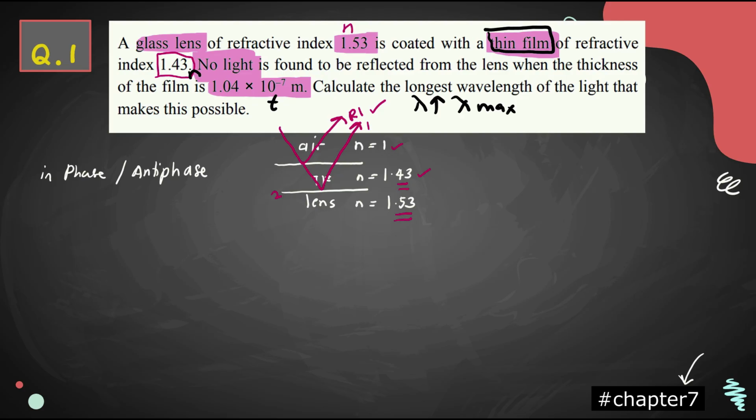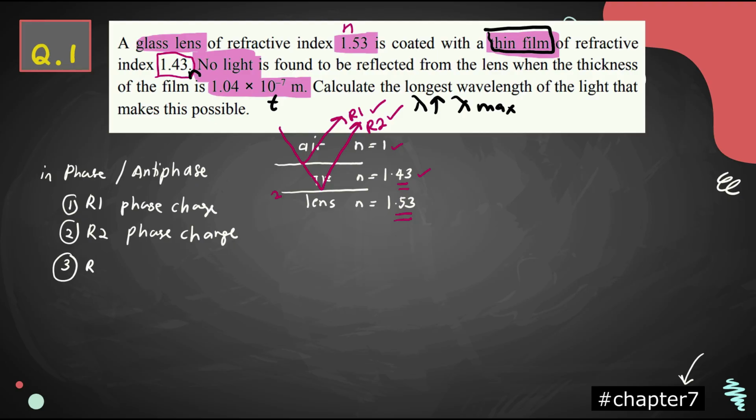So reflected ray number 2 also has a phase change. So R1 has a phase change, R2 also has a phase change. This means that both R1 and R2, reflected ray 1 and reflected ray 2, are in phase. So this is our case, in phase.